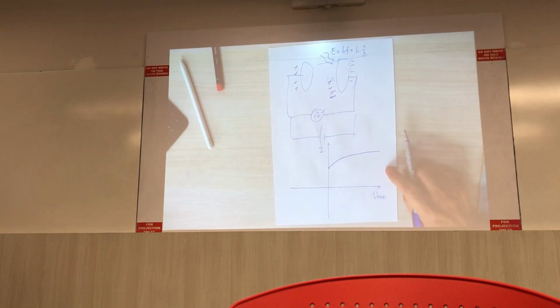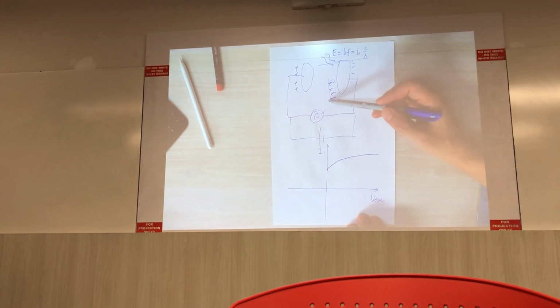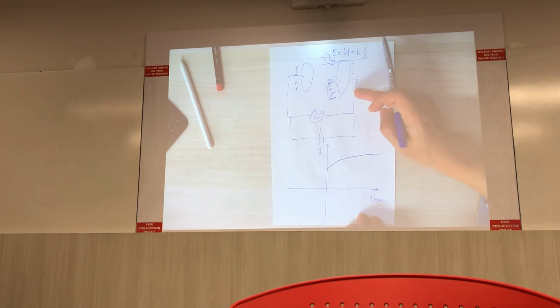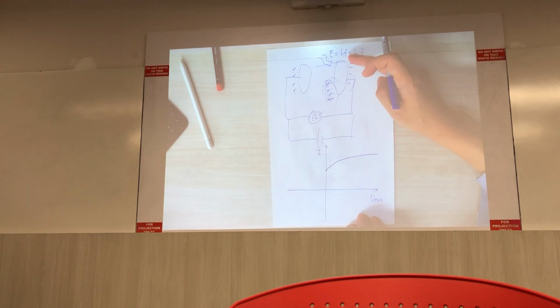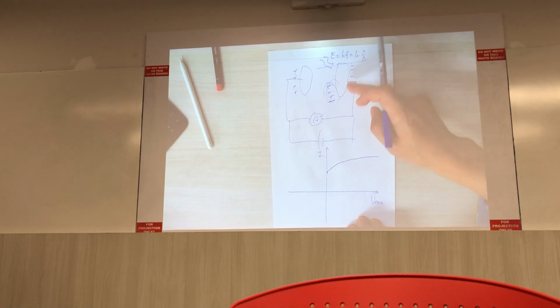Why should this happen? Why does the current not increase linearly? Why must the current be saturated? Because where do those electrons come from? From the photon, isn't it? Photon incident on the metal and kicks out the electron.